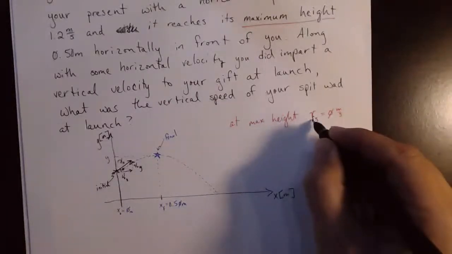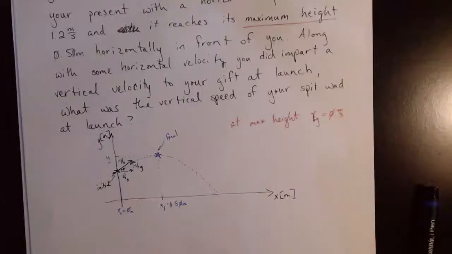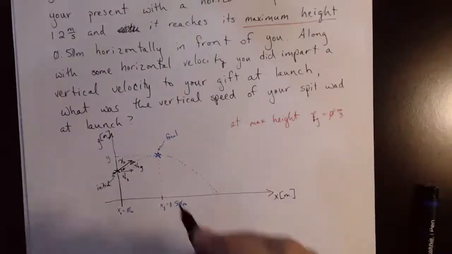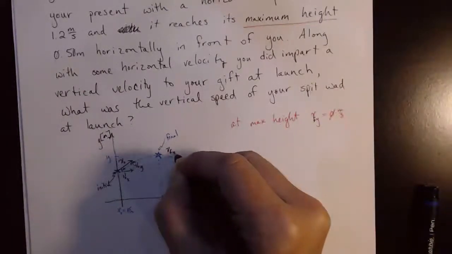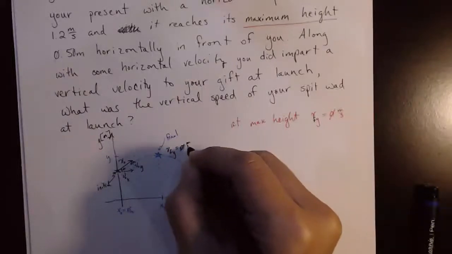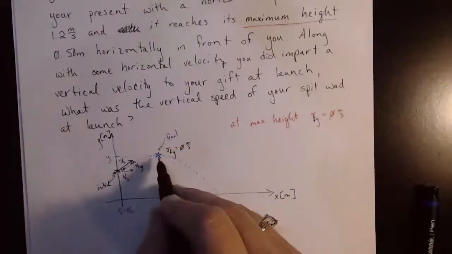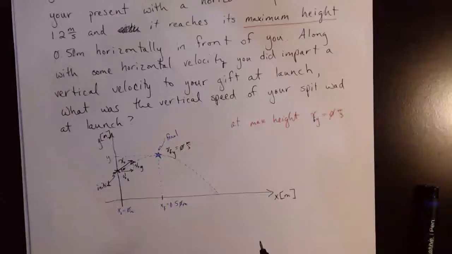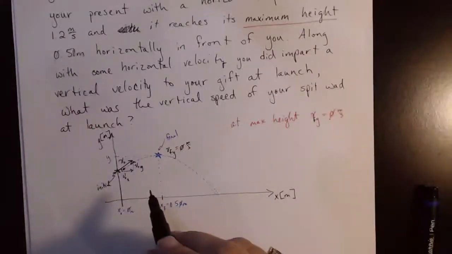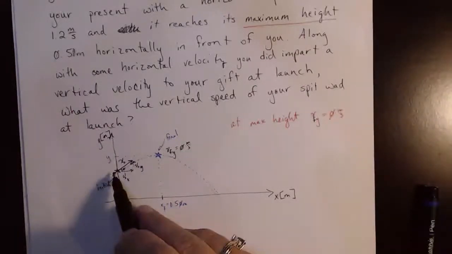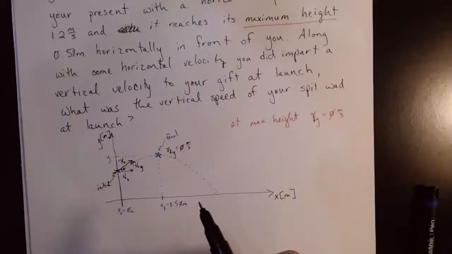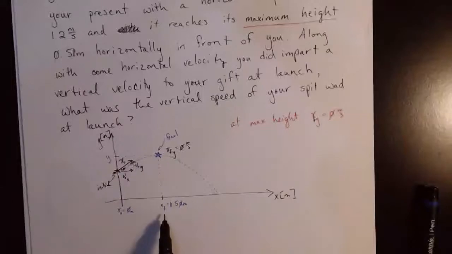So that's going to be our final velocity, v final y. So v final y equals 0. We don't know y final. We don't know y initial. We could set y initial as 0, but we still wouldn't know y final. We just know this distance.